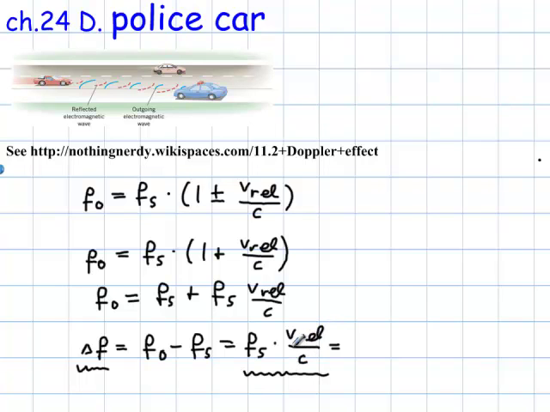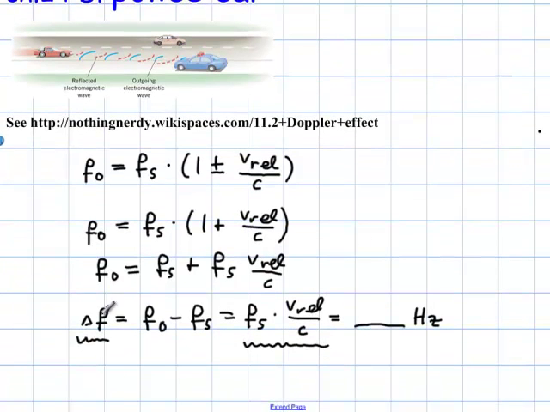By the way, the police car is going at roughly 60 miles an hour, while the speeder is going at roughly 90 miles an hour. So when I do this, I come up with hertz, and that's the frequency that the speeder receives due to the Doppler effect.